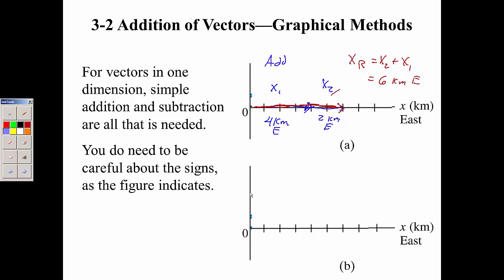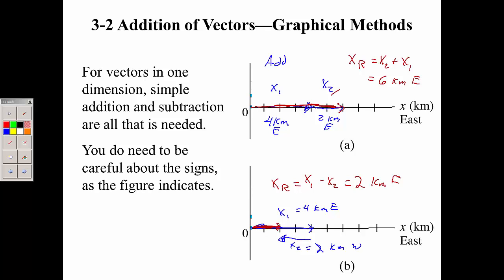Now, we can also subtract things, much like we did last time. If we travel 4 kilometers east, and then we come back 2 kilometers to the west, then the resultant vector, shown by this red one right here, is going to be x1 minus x2, or 2 kilometers to the east.